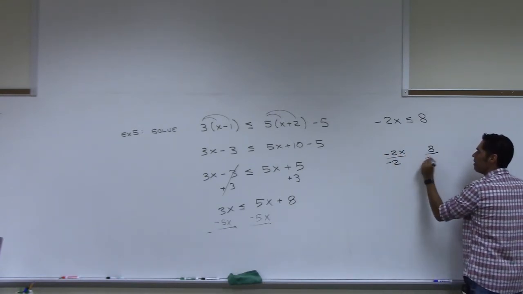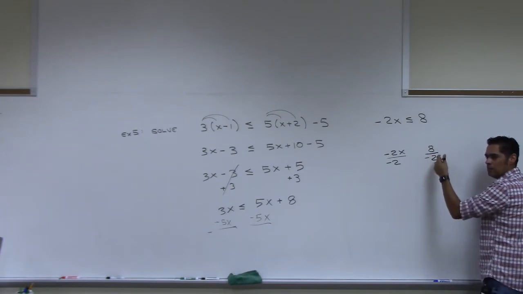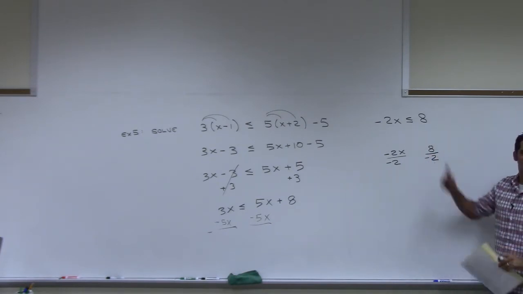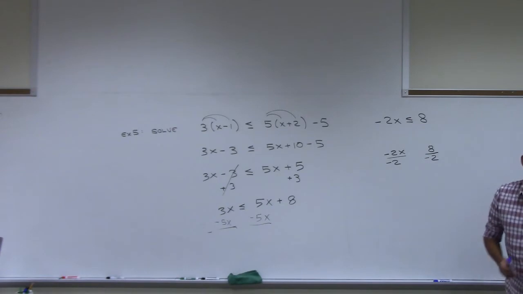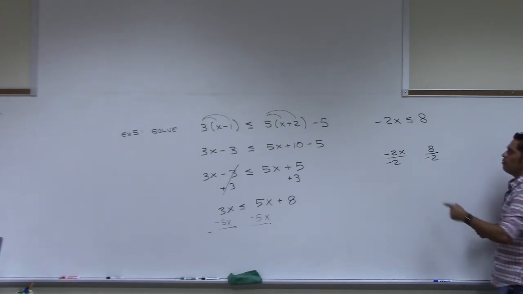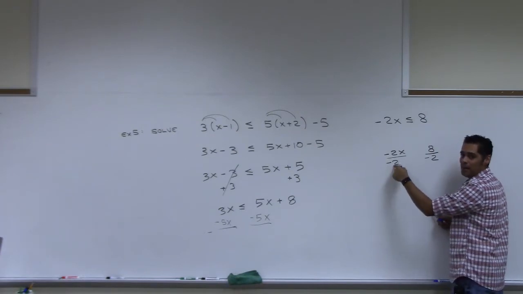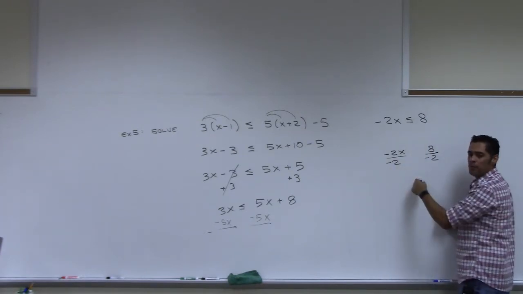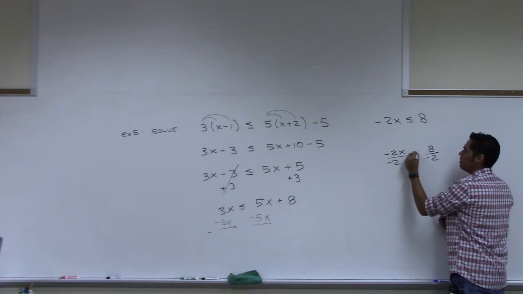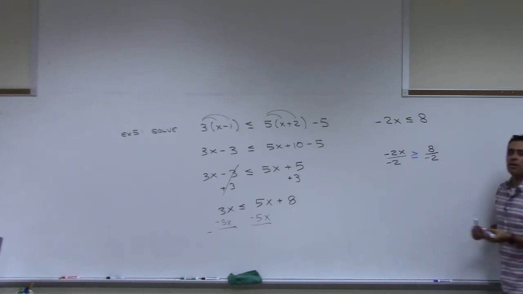But with inequalities, and only with inequalities, when you divide by a negative or multiply by a negative, the inequality symbol flips over. So it's going to flip and become greater than or equal to.